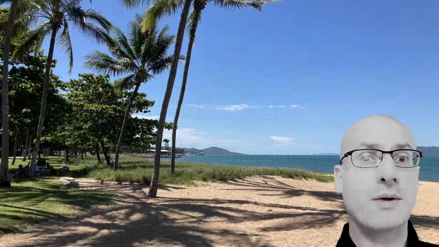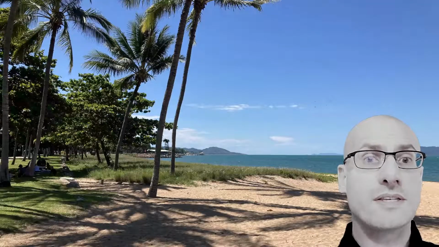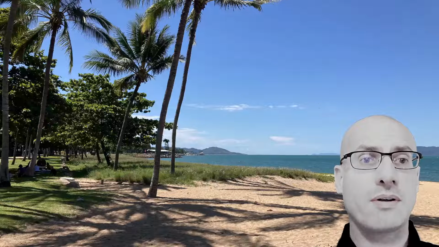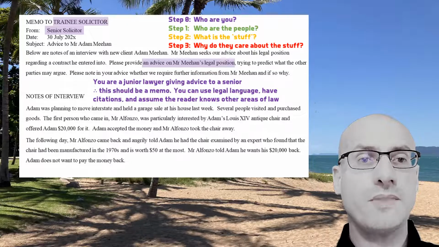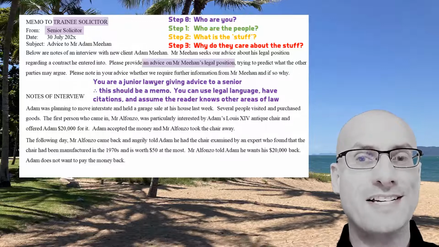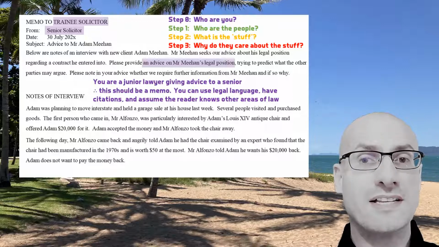So now I'm going to really quickly go through a simple scenario involving a contract. Here, the initial step, the step 0, involves us looking at this particular situation and scenario, but paying close attention to our instructions.